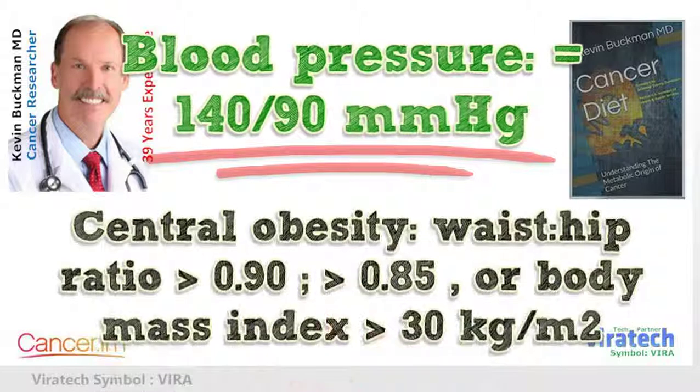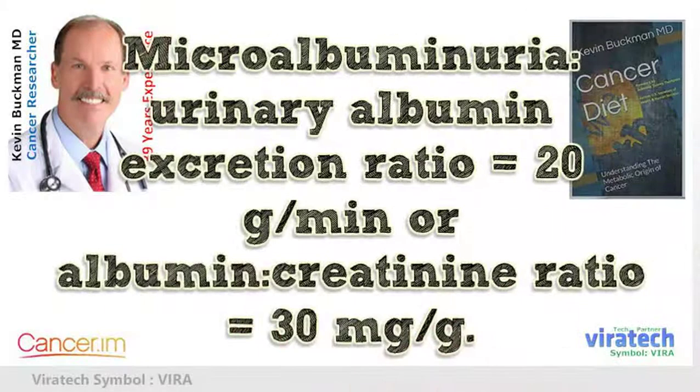Central obesity: waist-hip ratio greater than 0.90 in men, greater than 0.85 in women, or body mass index greater than 30 kg/m2. Microalbuminuria: urinary albumin excretion ratio greater than or equal to 20 micrograms per minute or albumin-creatinine ratio greater than or equal to 30 mg/g.